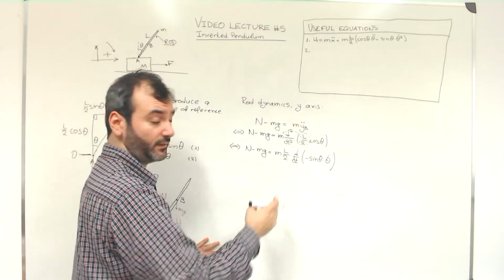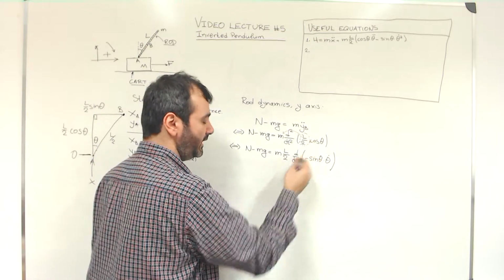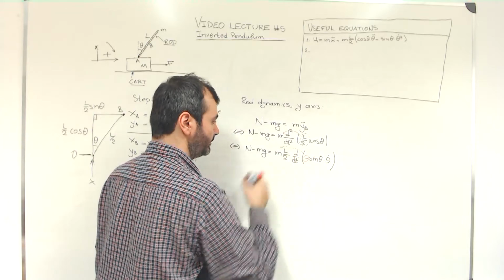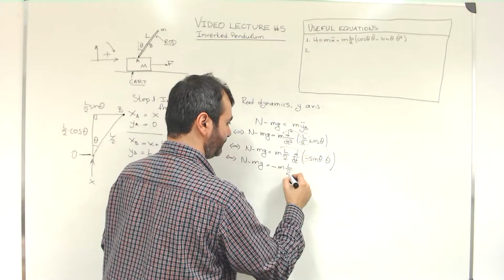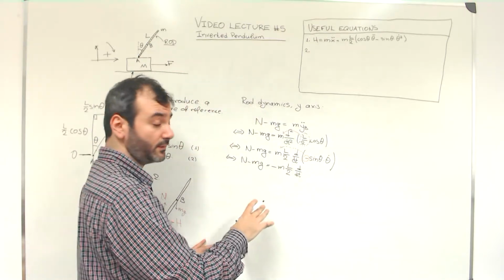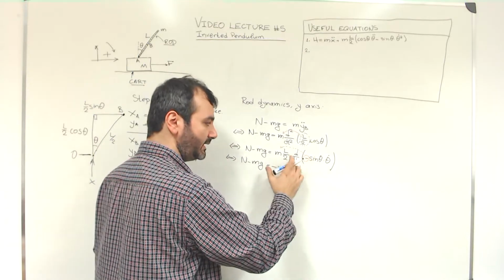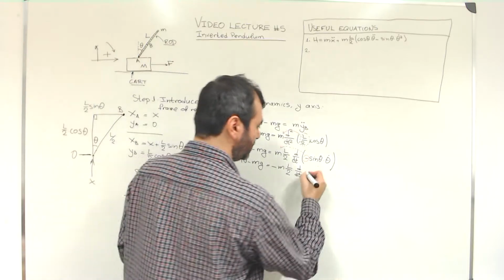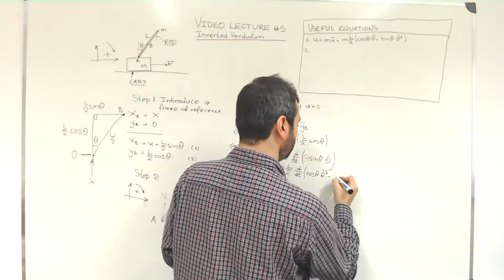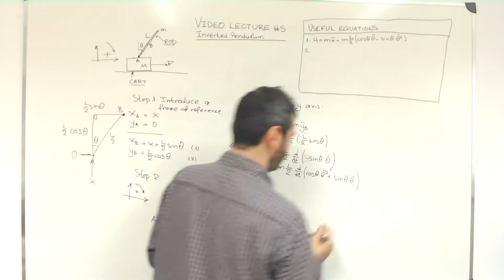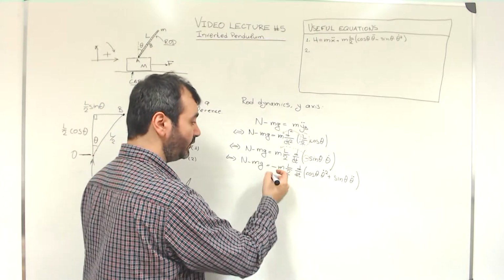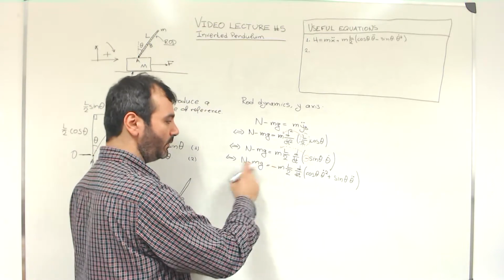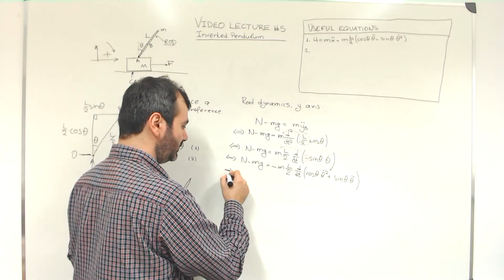The derivative of cosine is minus sine, and now I will take the minus outside. And I will differentiate what is inside. Again, it is the derivative of a product of two functions, sine times theta dot. The same as we did before. For simplicity, I will multiply by minus 1 both sides of the equation.